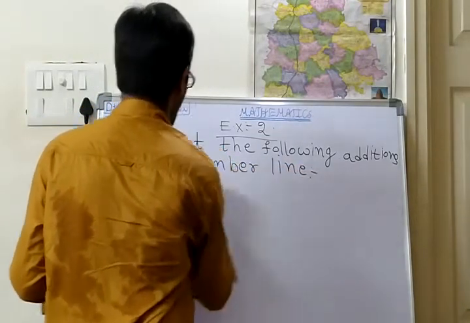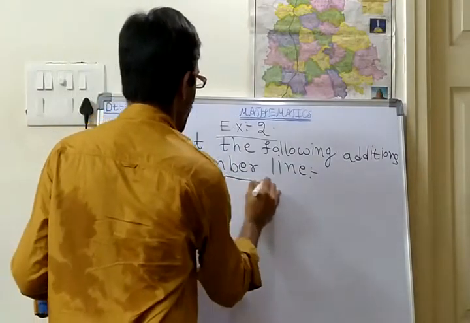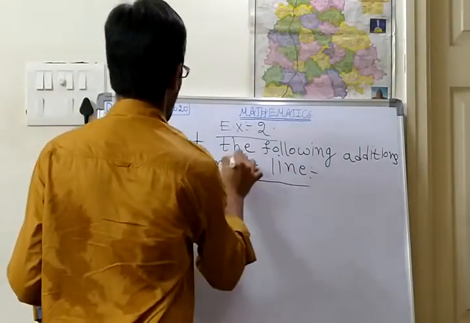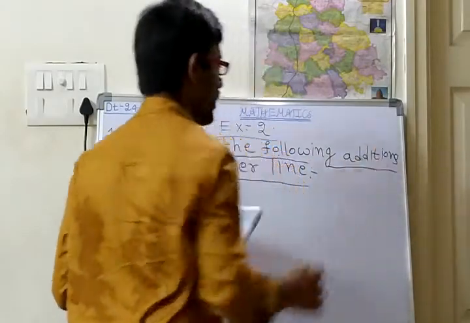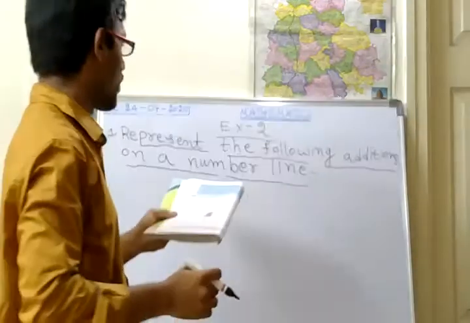So whatever the additions are given in this bit, we should represent those additions on the number line.